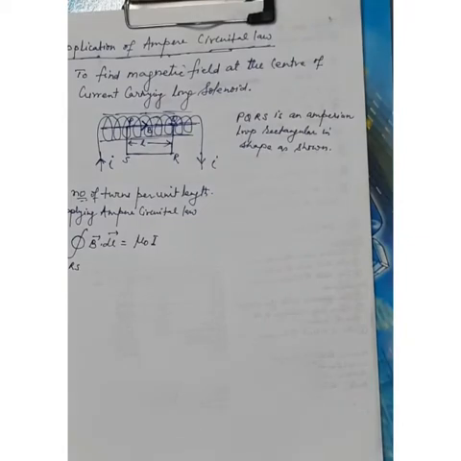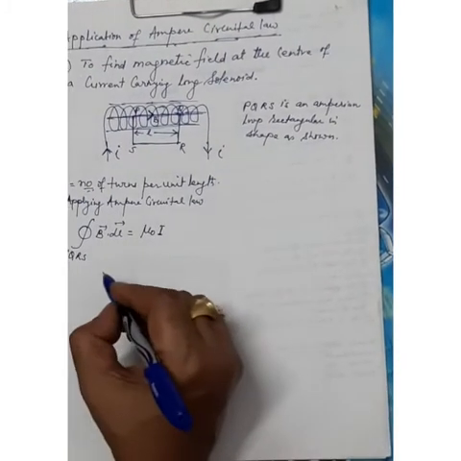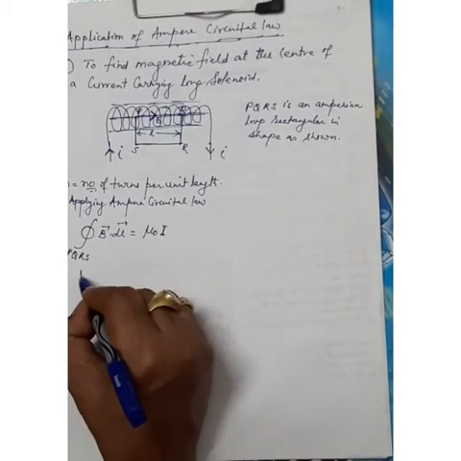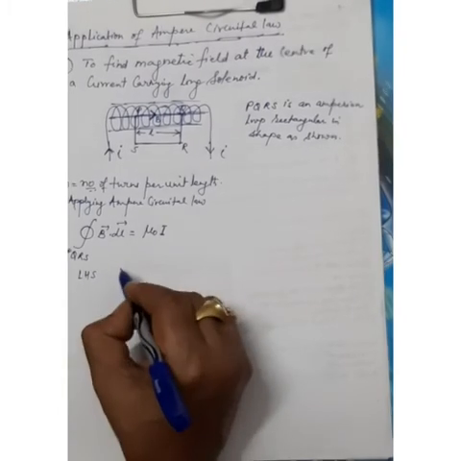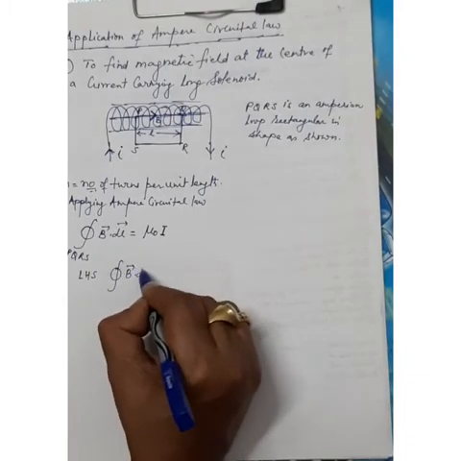So again take LHS. Now take LHS. LHS is B dot dl over PQRS.